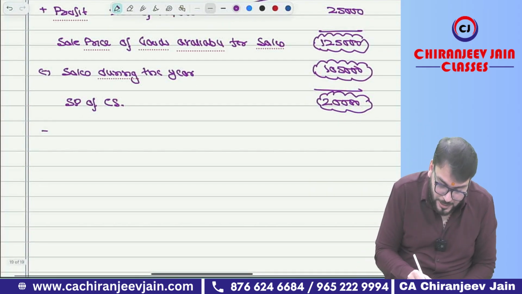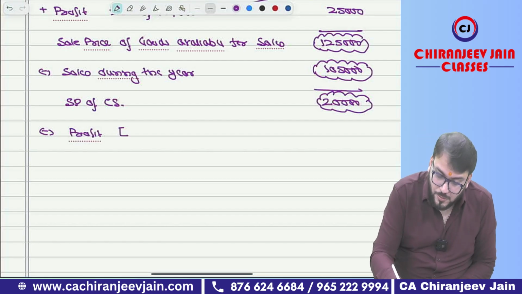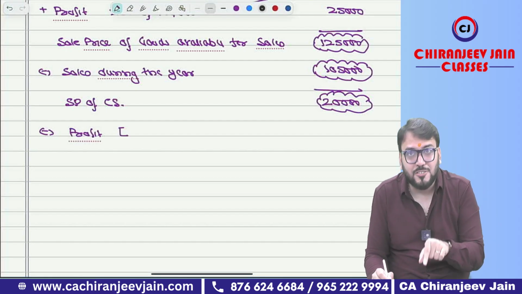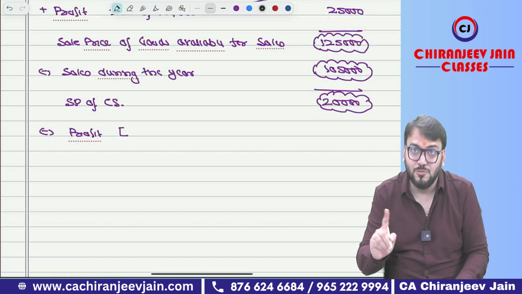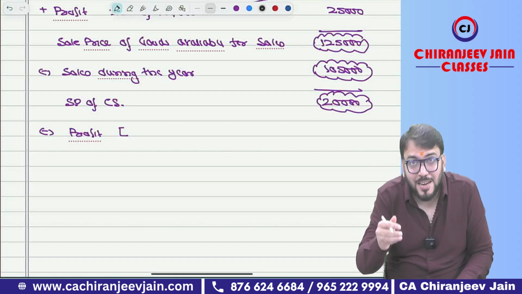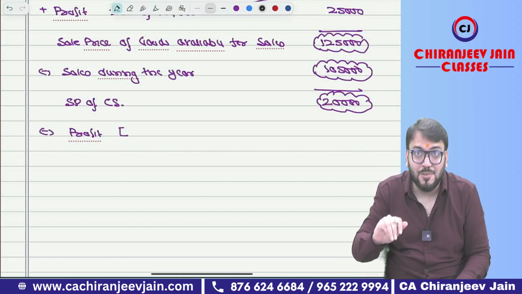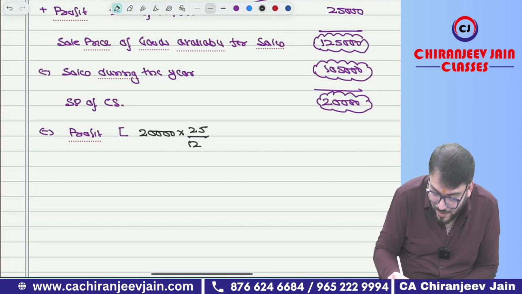Now from this, we minus profit margin. 25% of cost is not 25% of sale, so can you apply it on 20,000? No. 25% of cost is 25 by 100 of cost, which is 25 by 125 of sales. So your profit will be 20,000 into 25 by 125.